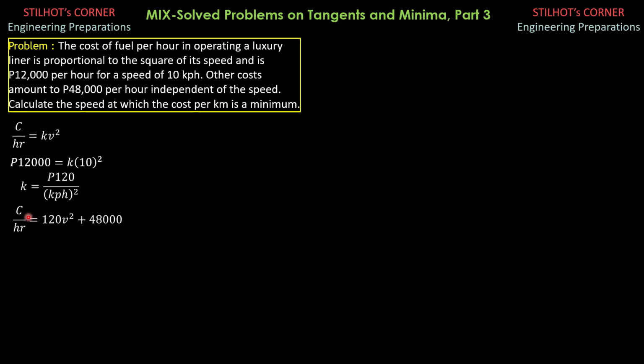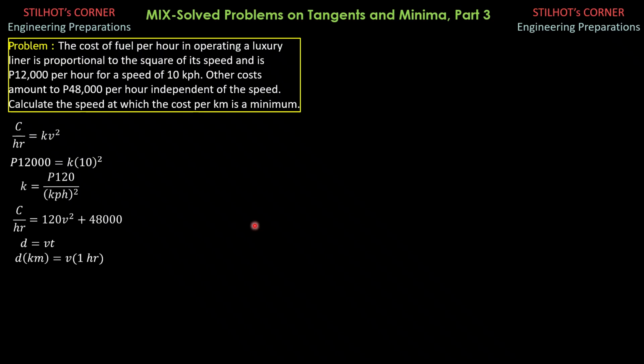We then transform this cost into cost per kilometer. So take note that distance in kilometers is equal to speed times time. So we take time as 1 hour because this is per hour. So distance equals speed times time. Distance in kilometers equals speed times 1.